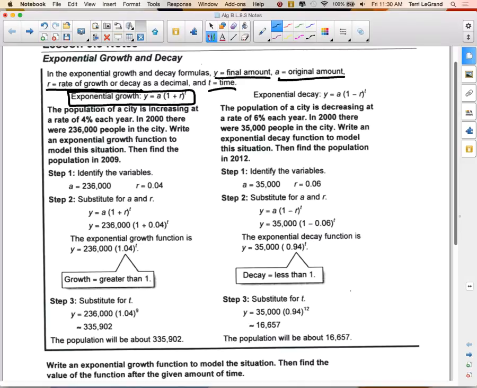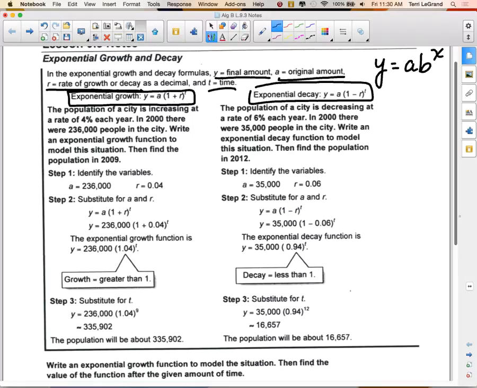So we're still working with exponential functions, and this is our exponential function model. Remember, y equals a times b to the x power. Our b, our base, is going to be changed to either 1 plus r if it's exponential growth, or it's going to be changed to 1 minus r. There's our other formula that we need to highlight, exponential decay.